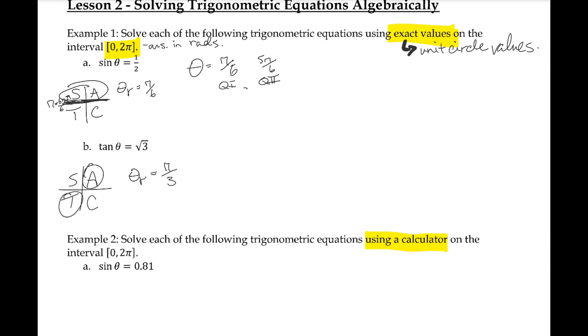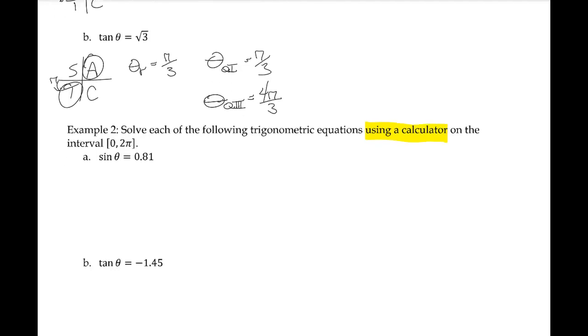But whatever memorizing strategy you use, great, as long as you can come up with this value, because then that allows me to come up with my theta. For quadrant 1 it is pi over 3, and my theta for quadrant 3 is going to be 4 pi over 3. Again, measuring from pi, but in this direction, so adding an extra pi over 3 to pi.